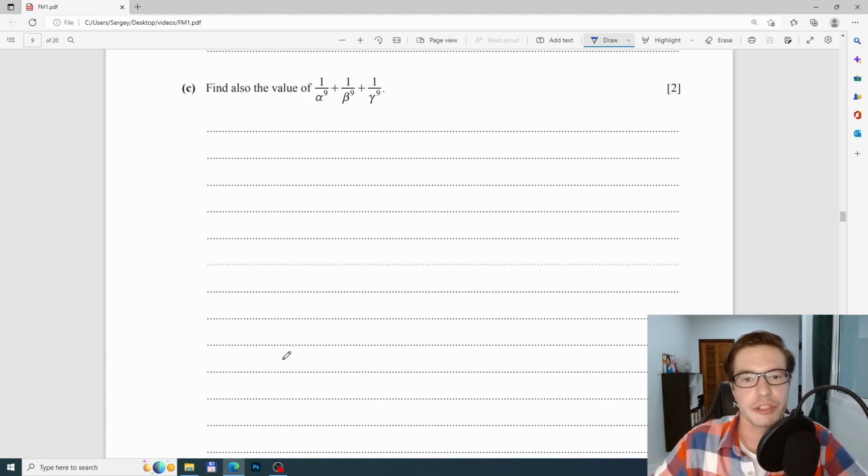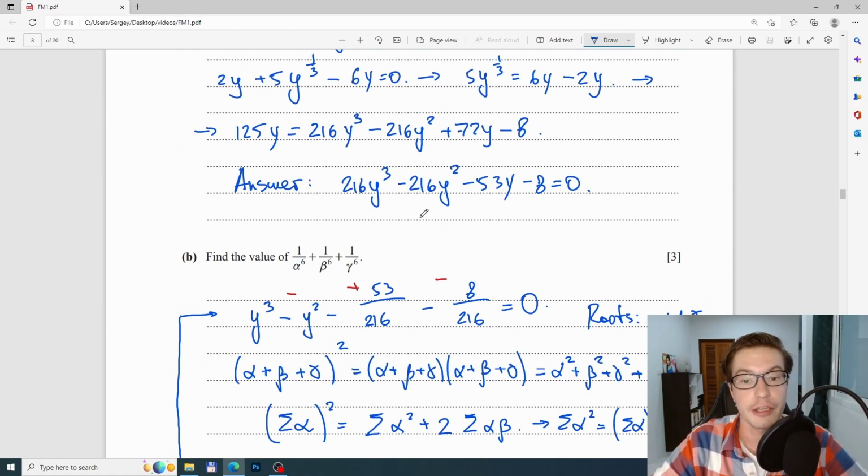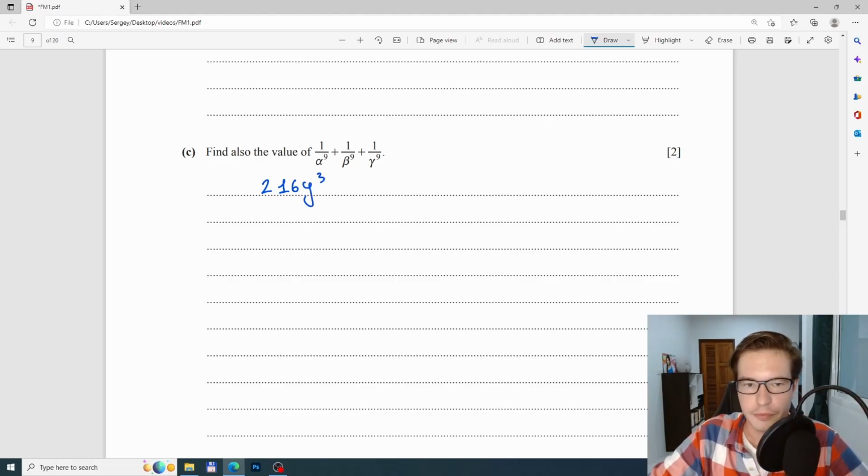Okay, now the next question is basically asking us to find the sum of cubes of the roots of the equation in part A. I'm going to copy the equation in the first place: 216y cubed minus 216y squared minus 53y minus 8 equals 0.